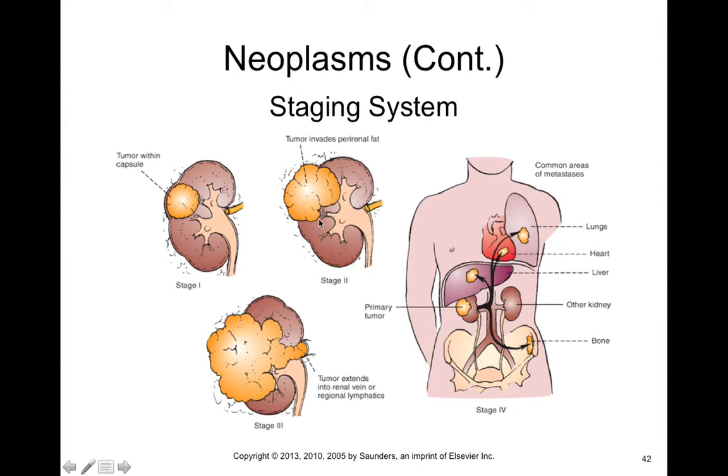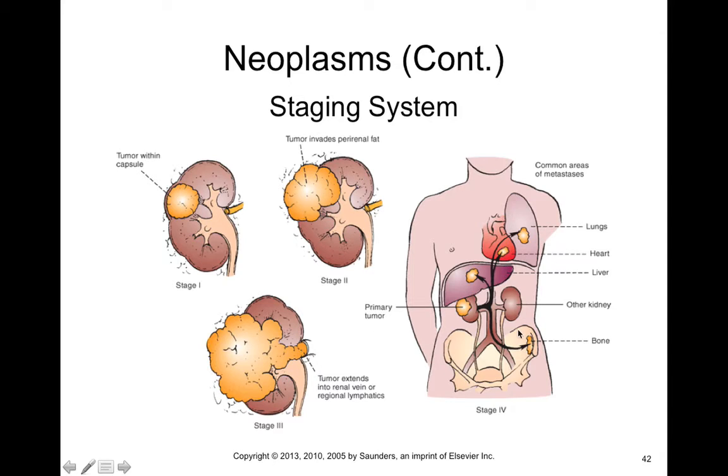In stage 2, the tumor has started to invade the surrounding tissue, and it's ruptured the renal capsule and could now be growing into the para- and perinephric fat around the kidney. Stage 3 is where the tumor has not only invaded the surrounding tissue of the kidney, but also started to invade the tubular system of the kidney, deeper, including the calyces and even the hilum here.